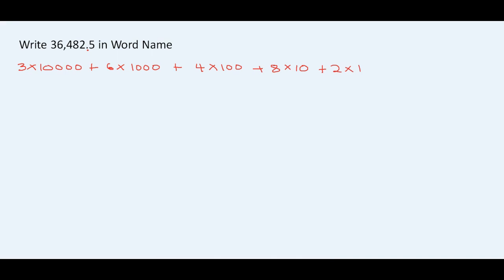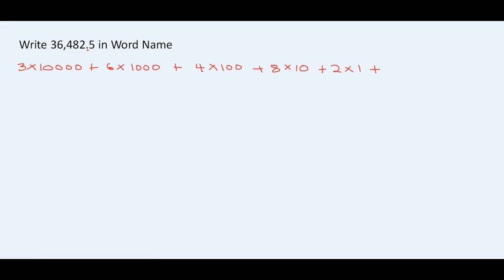Now here's where it gets interesting. After the decimal, you now have 0 point. This is the first number after the decimal, so it's going to be 0.1 multiplied by 5.